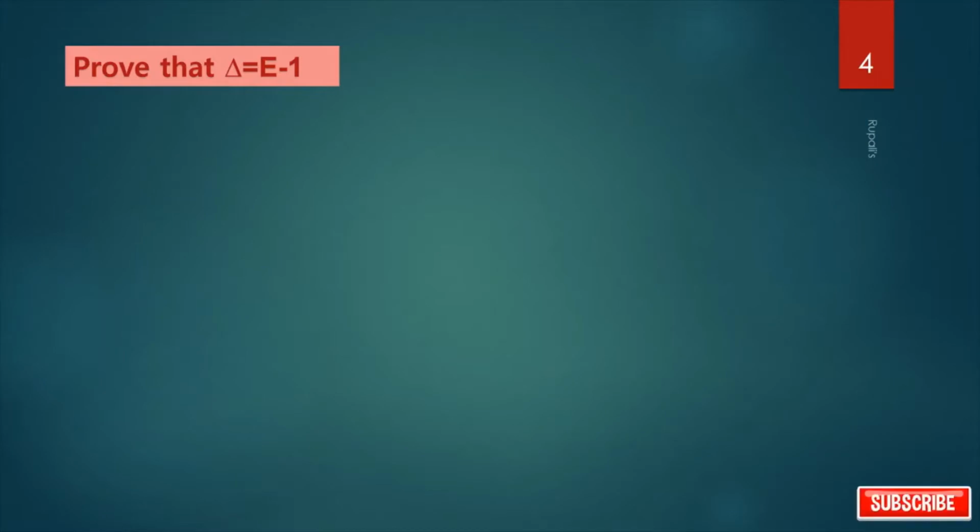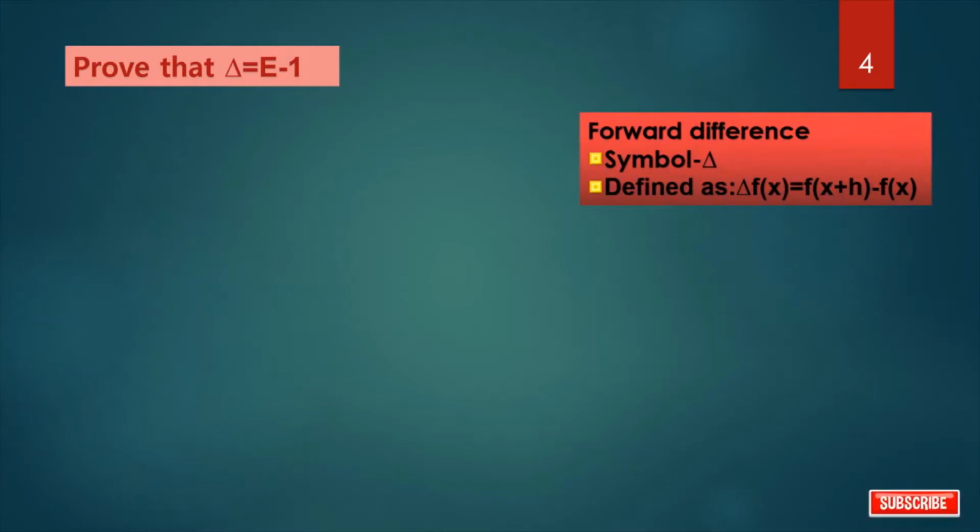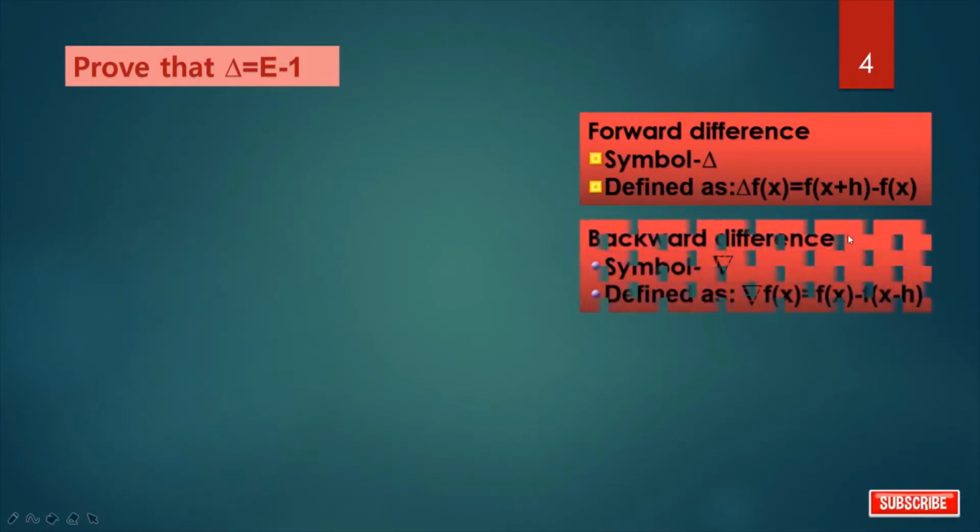Our first problem is prove that delta equals E minus 1. I am giving some hints. Think and answer please. First, we already learned this is the forward difference operator. Symbol is delta and defined as delta fx equals fx plus h minus fx. Another hint is the backward difference operator.